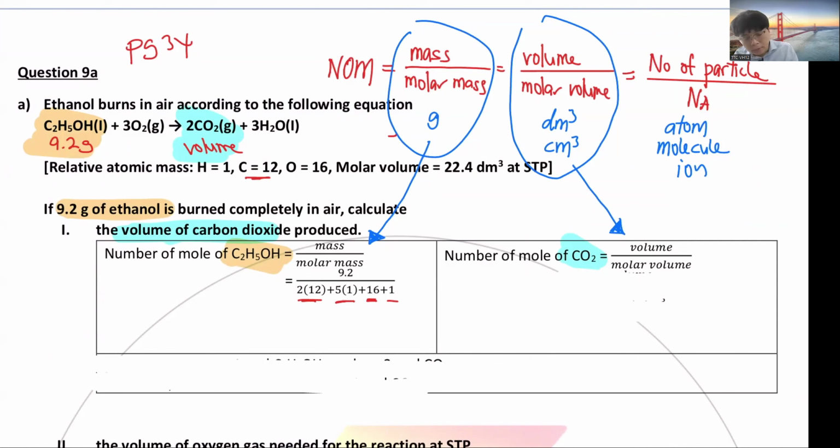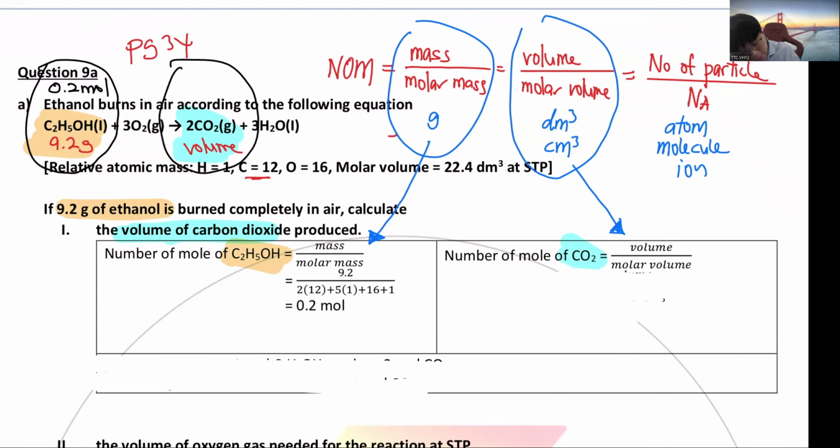Okay, so by using the calculator, you can get this as 0.2 mole. Now we use a ratio method. My ethanol is 0.2 mole. Based on the ratio, here should be 0.4 mole.